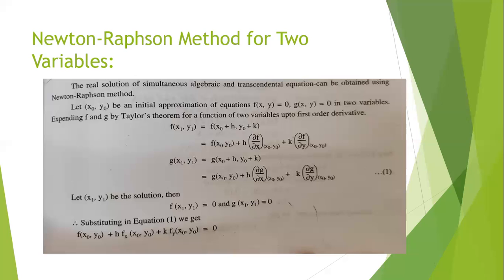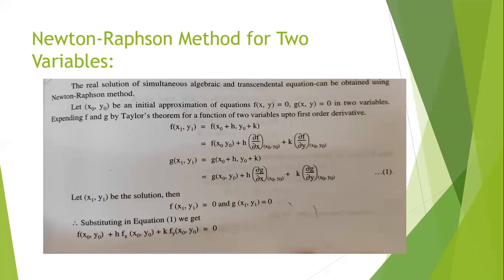Let x0 comma y0 be the initial approximation of the equations f of x comma y equal to 0 and g of x comma y equal to 0 in two variables, that is the function f of x y and function g of x y.